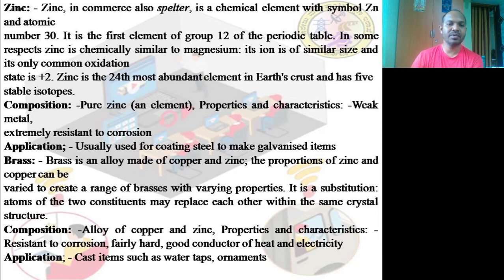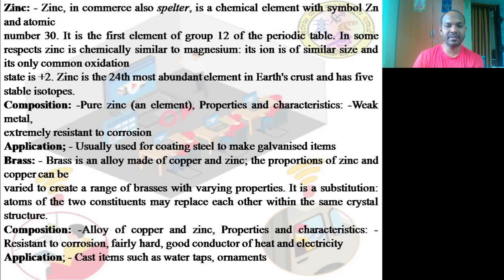It is a substitutional alloy: atoms of the two constituents may replace each other within the same crystal structure. Properties and characteristics: resistant to corrosion, fairly hard, which means it's not too hard and not too soft, and a good conductor of heat and electricity.